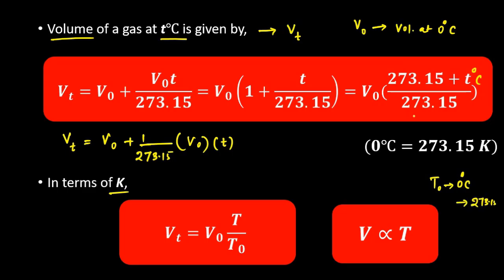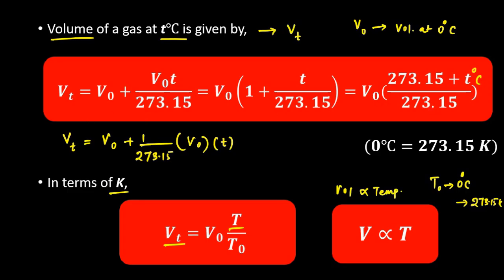As per this relationship, the volume of a gas at any particular temperature T is directly proportional to the temperature T. So V is directly proportional to T. Volume is directly proportional to temperature. That is the essence of Charles' law.